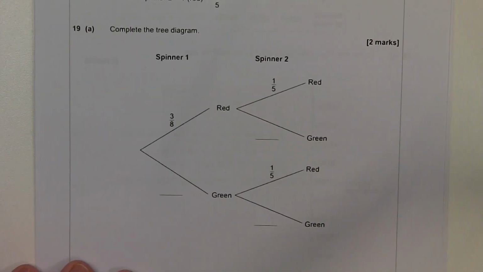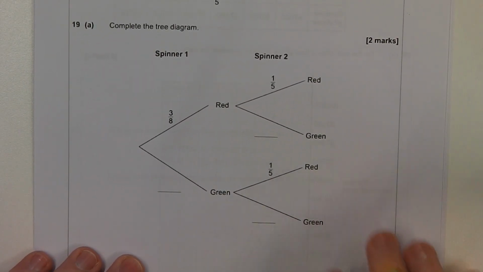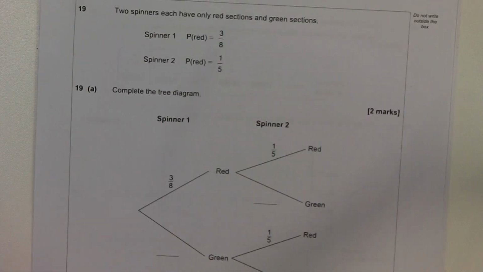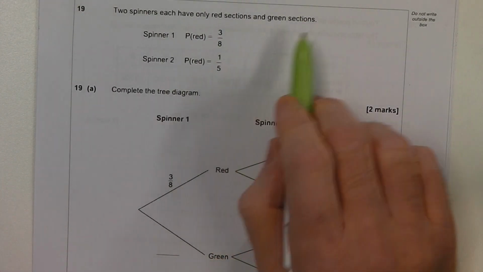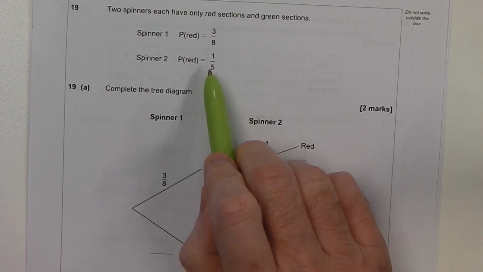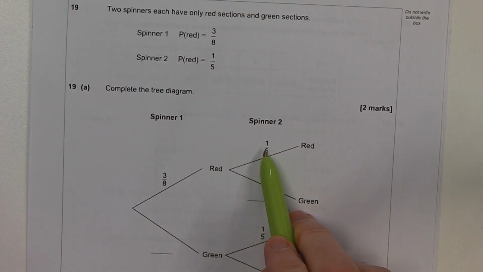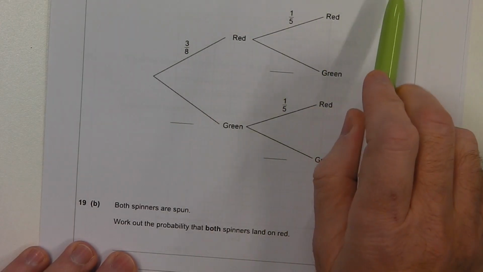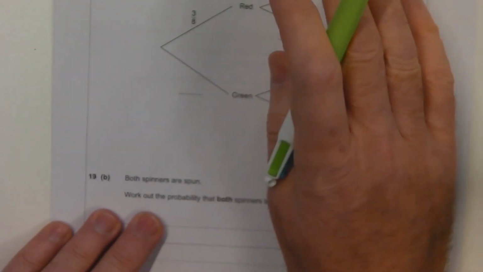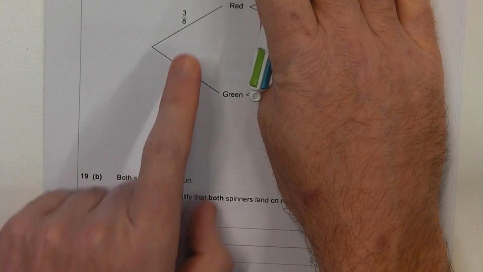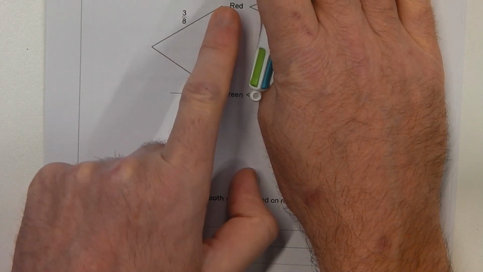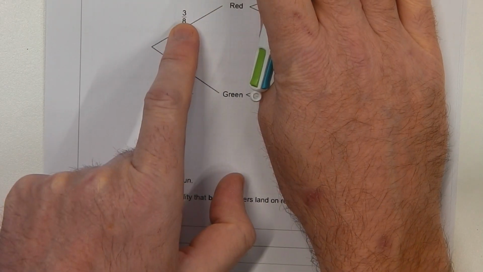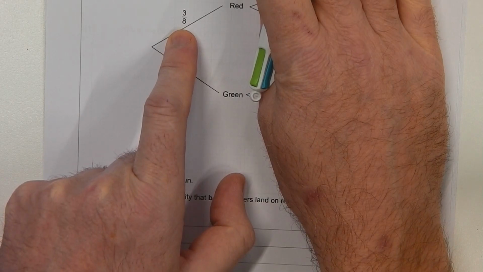19. Frequency trees. So, 2 spinners have only red sections and green sections, and it gives us the probability of red for each, which is on our table already. And we just need, first thing is complete the diagram. 2 marks. So, ignoring that one for now, if you've got a 3 in 8 chance of it being red, that means 3 out of the 8 square segments are red.